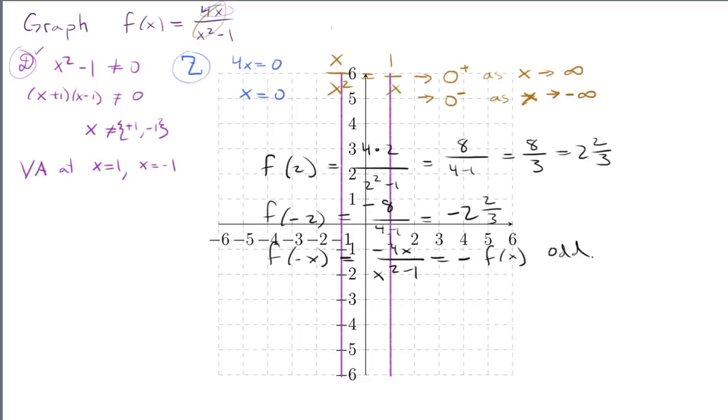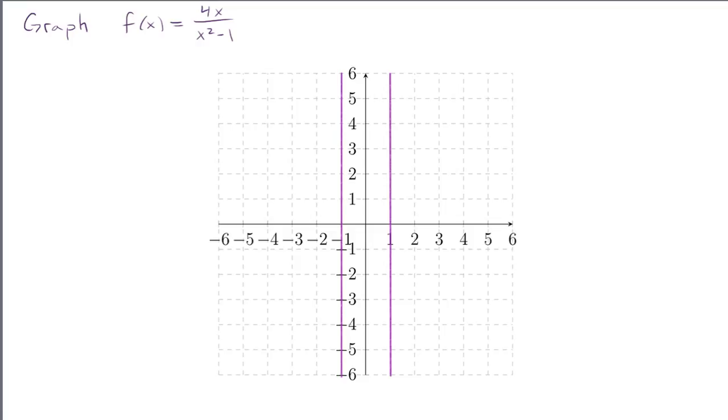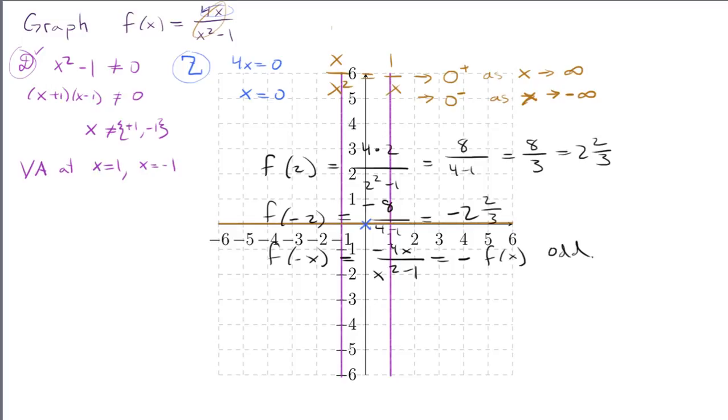Next, our horizontal asymptote is at 0, so let's mark that off. We had our actual 0 at 0 here, and then we want to take a look at the points we had, f of 2 and f of negative 2.